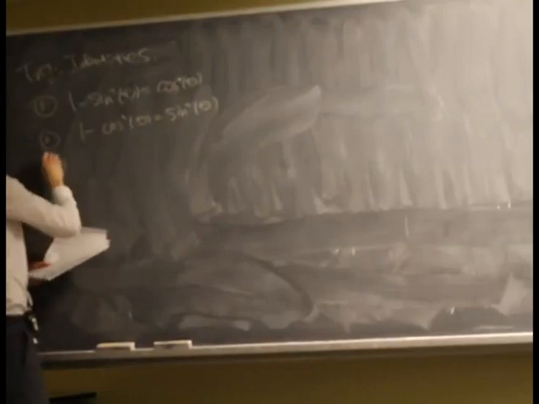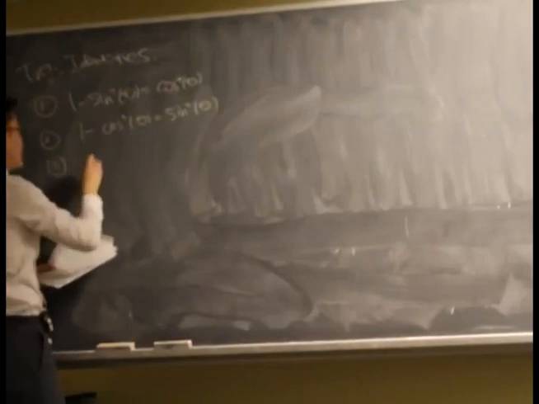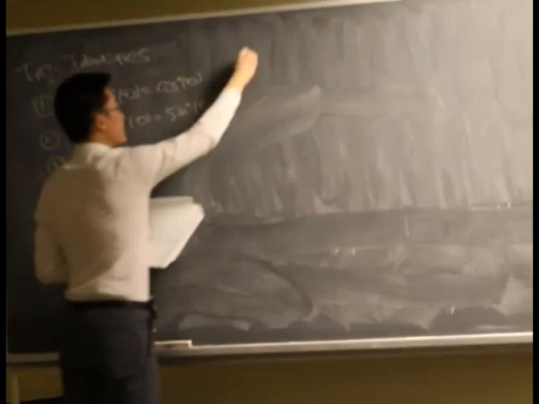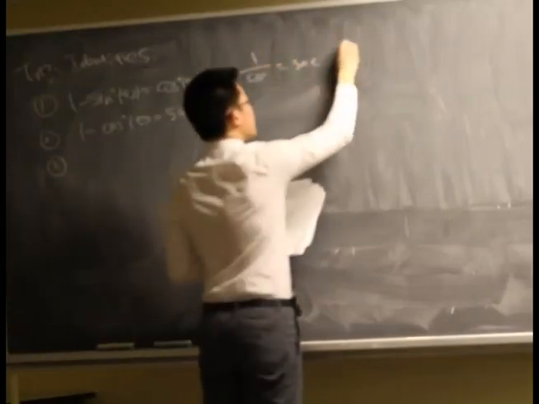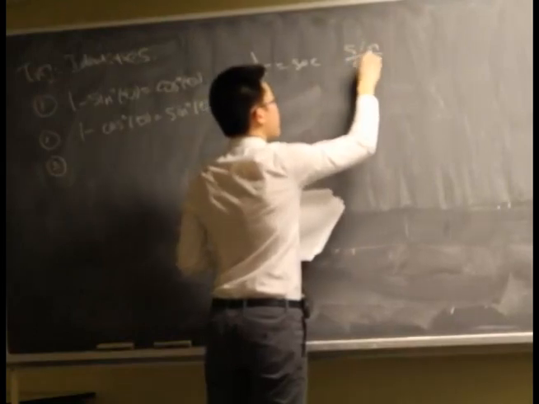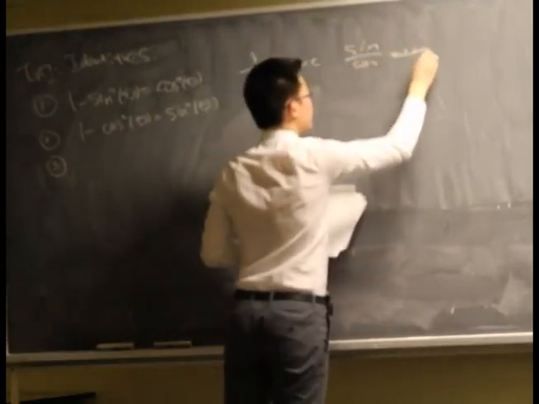And then if we divide both sides of the equation by cos squared theta, then we get two more identities, noting that 1 over cos is secant, and sine over cos is tangent.